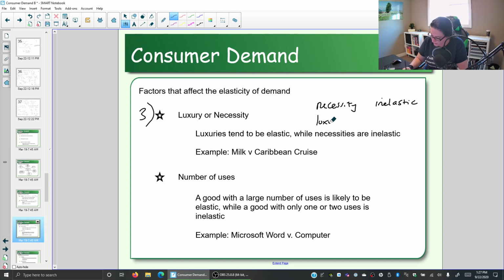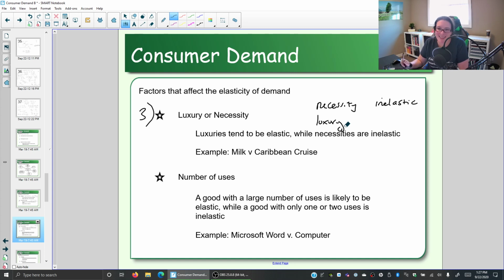In comparison, if we have a luxury, something we want but can live without, let's think Caribbean cruise. So you want to go on a Caribbean cruise. You've planned it for the next coming holiday. Last time you checked, the price for the cruise would cost you about $5,000 for your family. Now you're getting ready to book this cruise and the price has doubled.